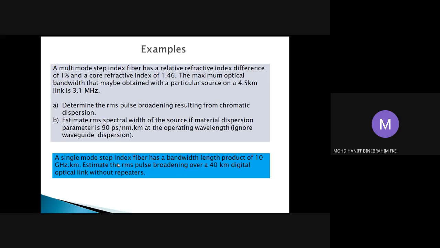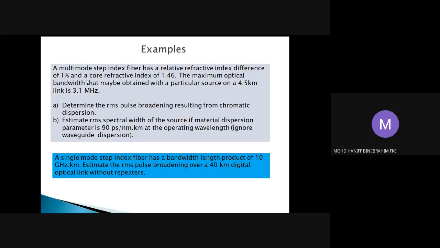We know that the bandwidth given is 3.1 megahertz, and from this we can calculate the total pulse spreading.